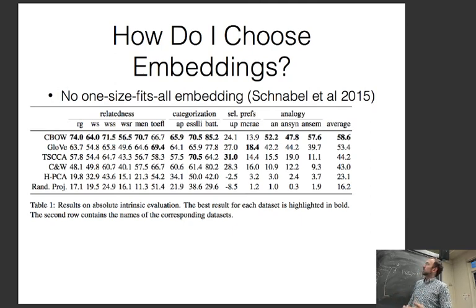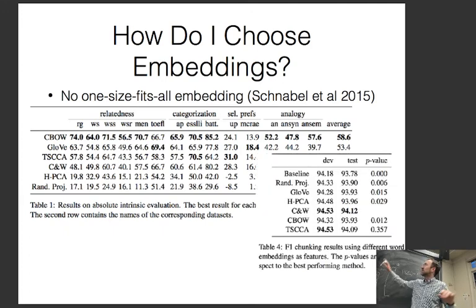And the CBOW embeddings that they tried worked pretty well on most of their intrinsic metrics. But if you tried them on extrinsic metrics like F1 on chunking or dependency parsing, the Goldberg and Weston embeddings worked better. So basically it depends on whether you want syntactic embeddings or semantic embeddings, et cetera. So there's no real answer, and you kind of just have to try.